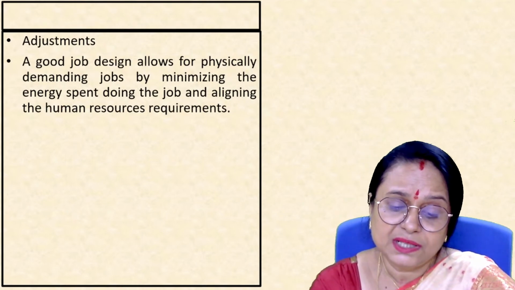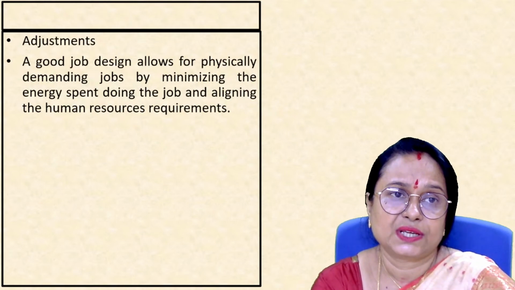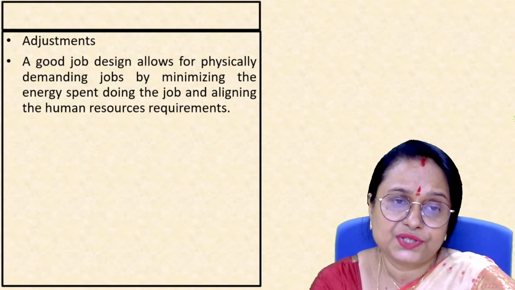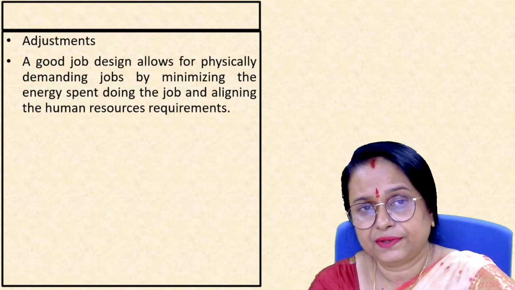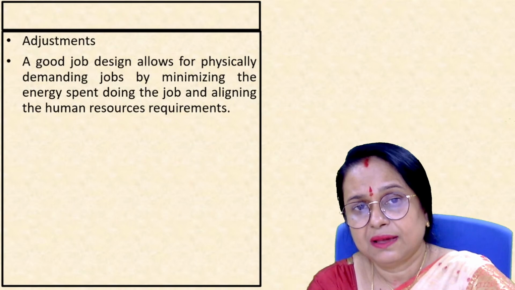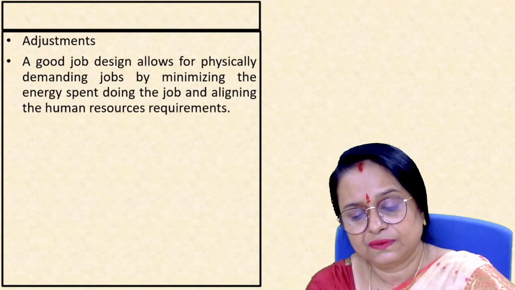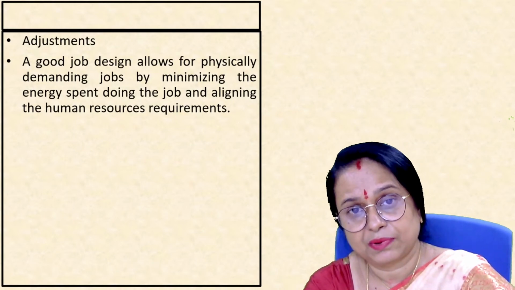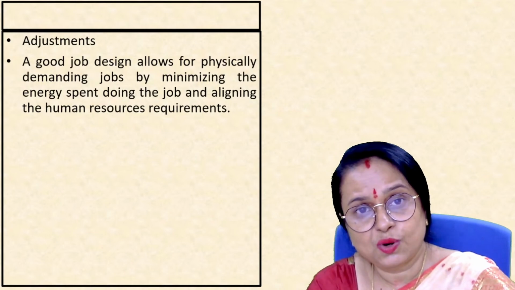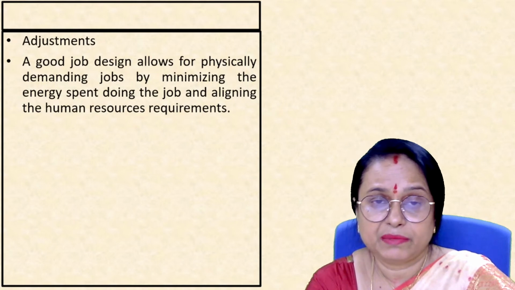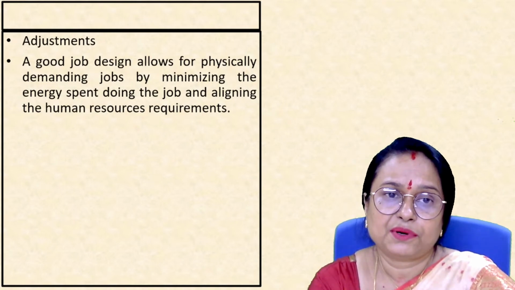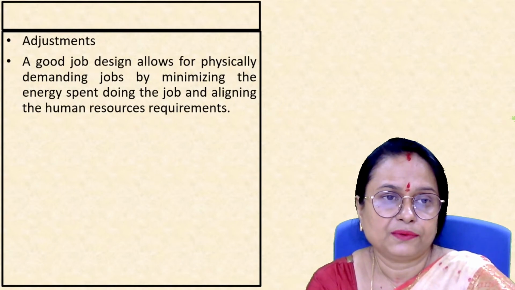So, as per their physical needs, the employee's work schedule, rest schedule, job schedule, everything should be adjusted by the organization. If there is no scope of adjustment, then employees will ultimately be unhappy and production will go down.